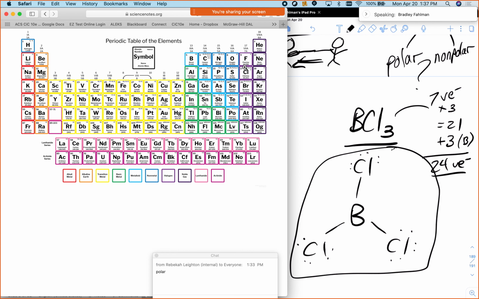So chlorine is going to be more electronegative. We'll draw these arrows like this. They should be the same length, even if I'm not drawing them exactly the same. That's what it looks like there. All these angles, remember, are not 60, they're 120 degrees.